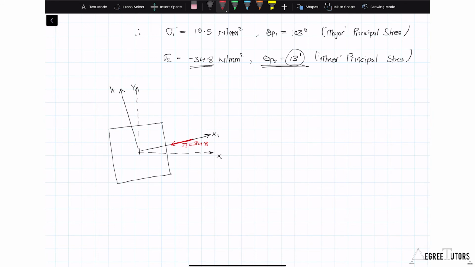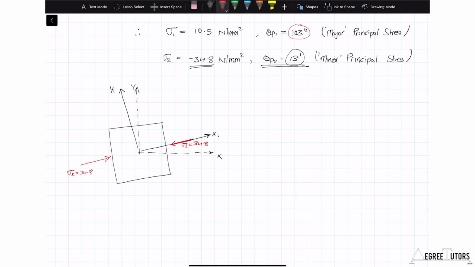So sigma 2 is equal to 34.8, and of course that means we have sigma 2 equal to 34.8 on the far side as well. And then the stress that develops on the face that's got its outward pointing normal orientated at 103 degrees would be this face here.